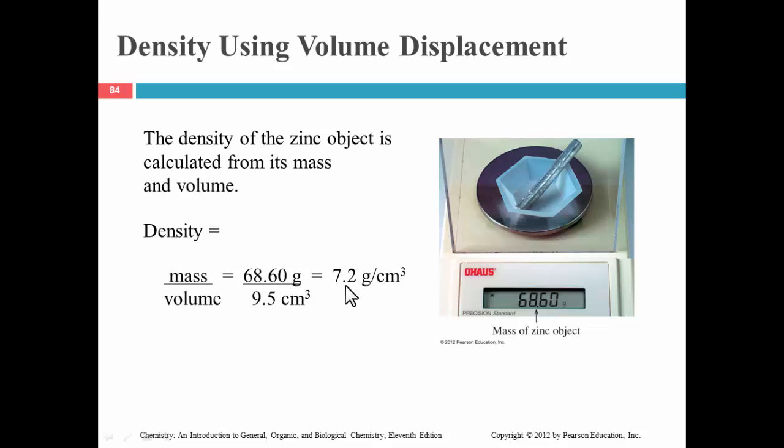Here we are rounding to 2 significant figures. Even though you can get 4 significant figures from the analytical balance, because of the graduated cylinder that you used, you could only estimate out to 2 significant figures. Thus, your answer may only have 2 significant figures. And of course, the units for density are always grams per cubic centimeter or grams per milliliter.